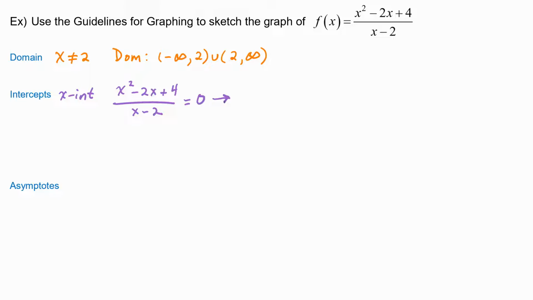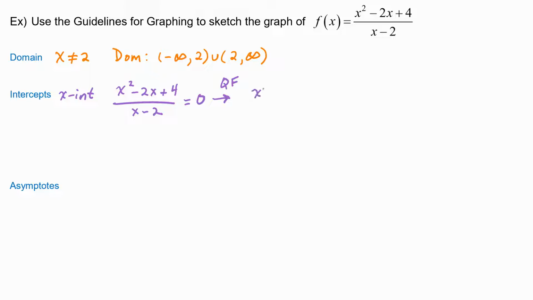Well, the only place that a rational expression can equal 0 is if its numerator is 0 while its denominator is not 0. So let's look at solving this numerator equal to 0. It does not factor, so we are going to need to use the quadratic formula.